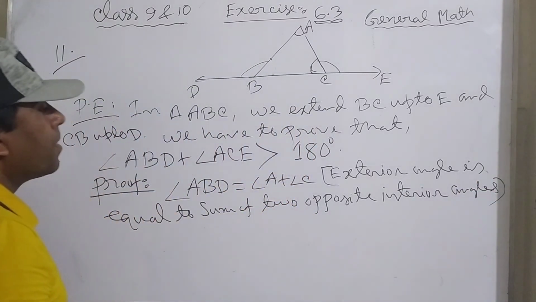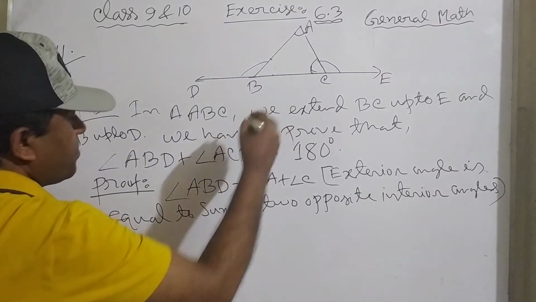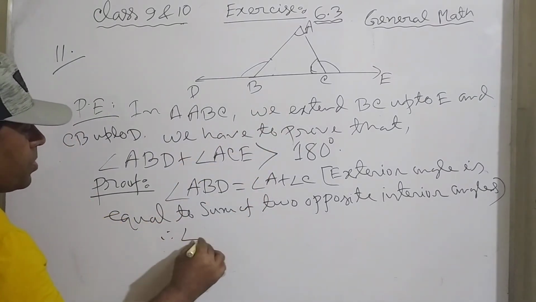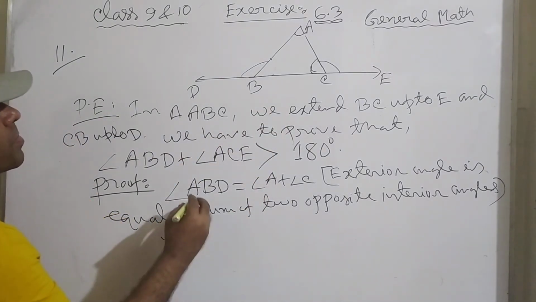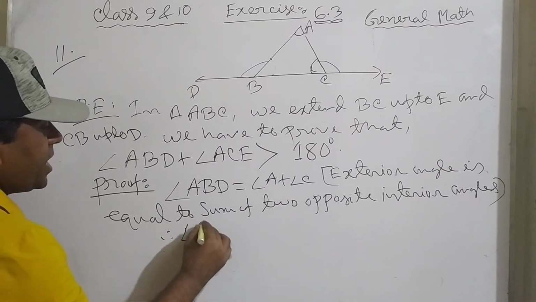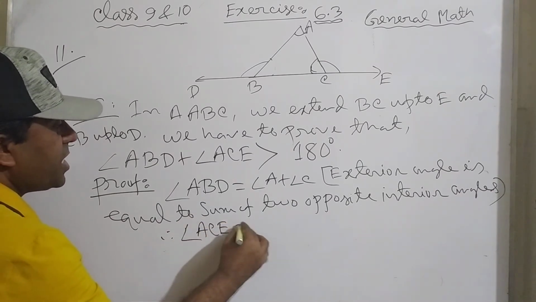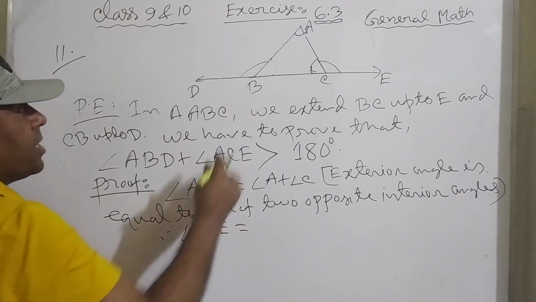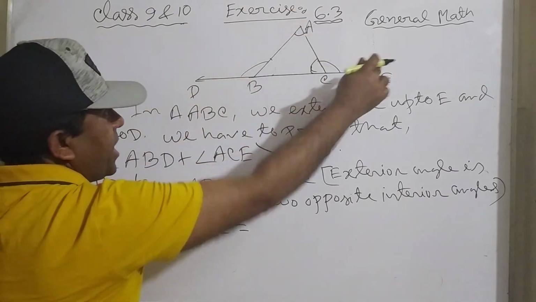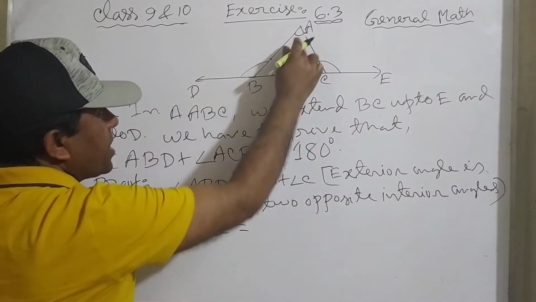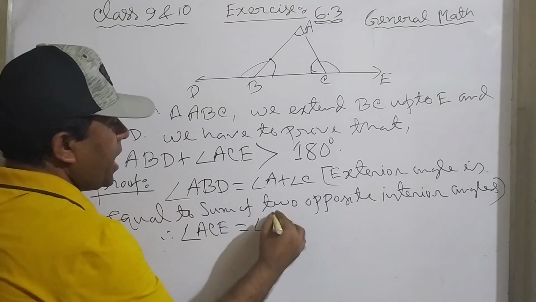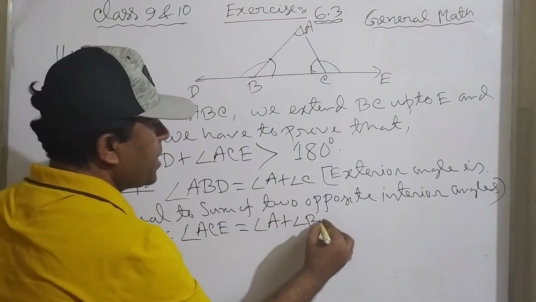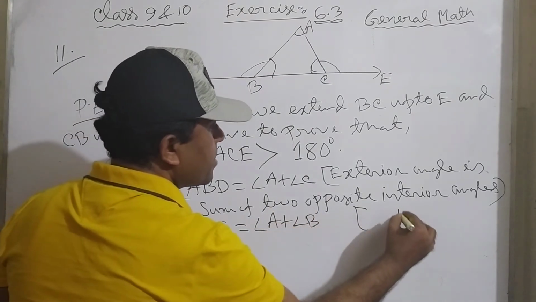Similarly, angle ACE equals angle A plus angle B, same justification.